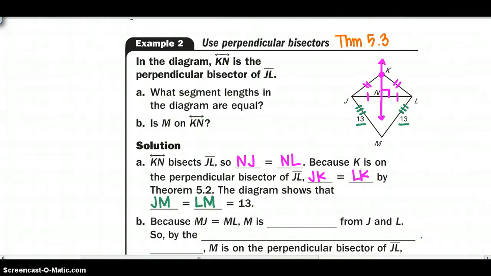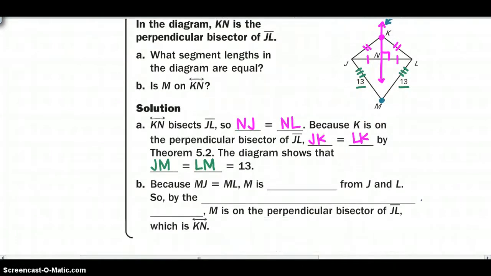I have said all of the things that I know are equal. So is point M on our perpendicular bisector? We can use the information because MJ and ML are equal.